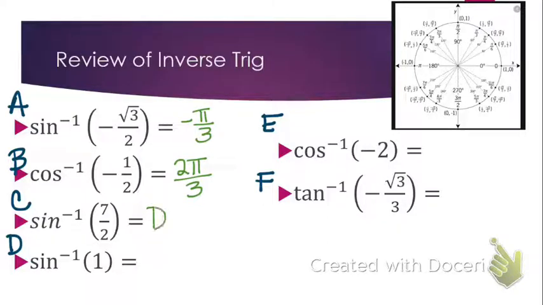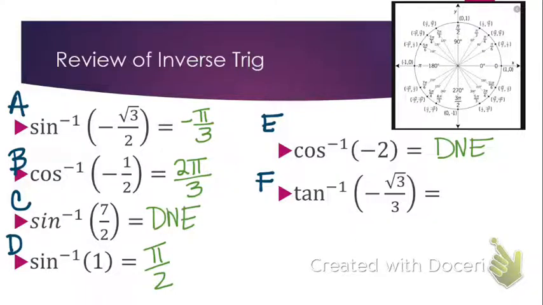So it's D and E. Where is sine positive 1? Sine is positive 1 at pi over 2. Where is cosine negative 2? D and E. That does not exist.